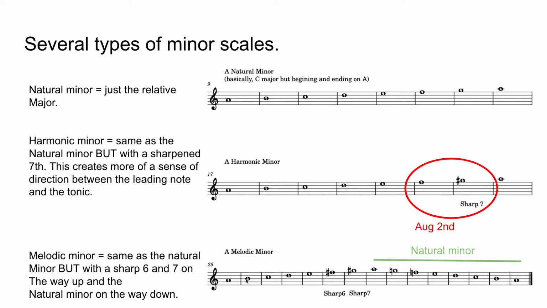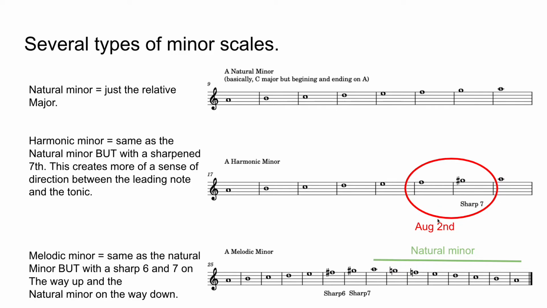So, in order to rectify this, composers would often sharpen the sixth and the seventh step of a minor scale on the way up. And then on the way down, they would naturalise those again, so that we lose that augmented second interval on the way up. And on the way down, we don't need those sharps anymore.